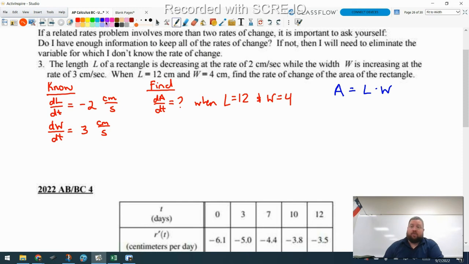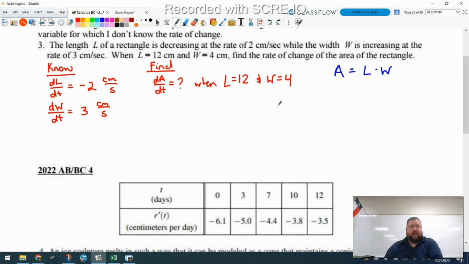So we are going to take the derivative, and then we should be able to plug all of our stuff in and then find our answer. So dA over dt is equal to, we do have a product here, so product rule, dL over dt multiplied by W plus L multiplied by dW over dt.